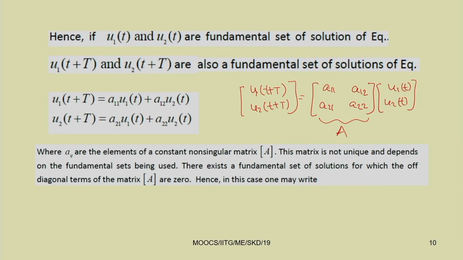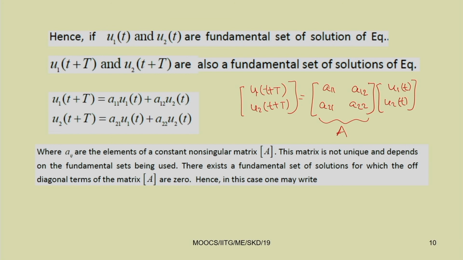You just see this matrix is not unique and it depends on the fundamental sets being used. We can use different sets of u1, u2, and we can have different sets of A for finding this response.